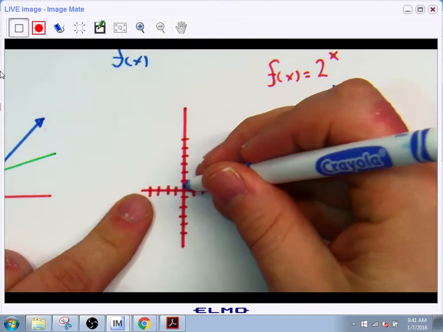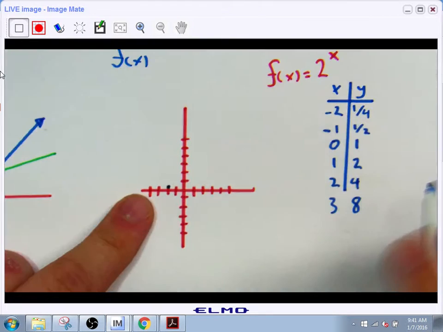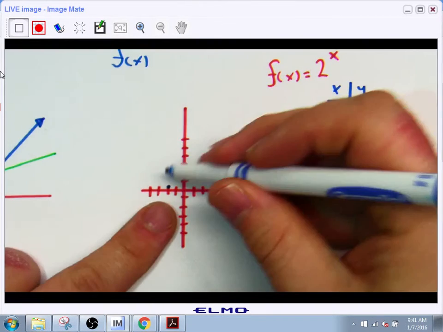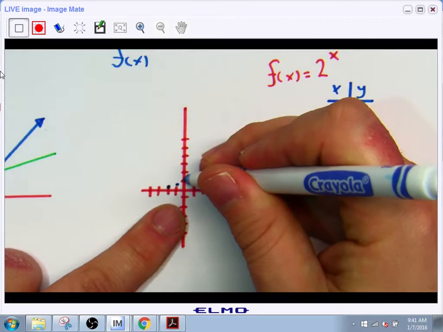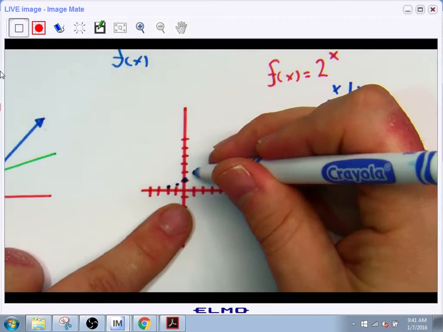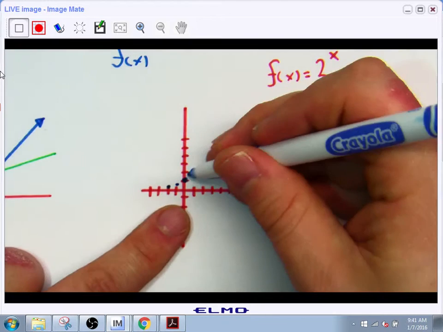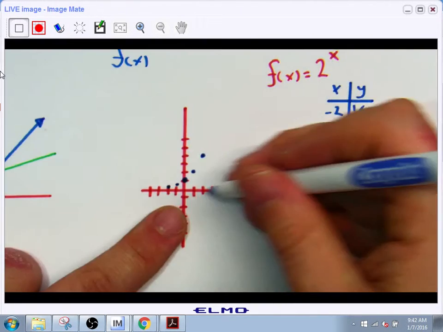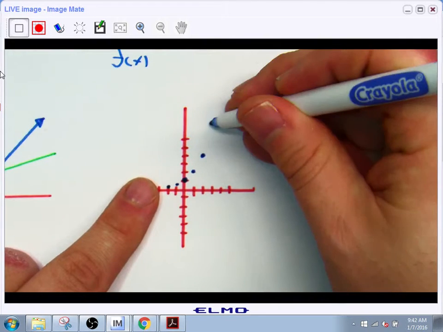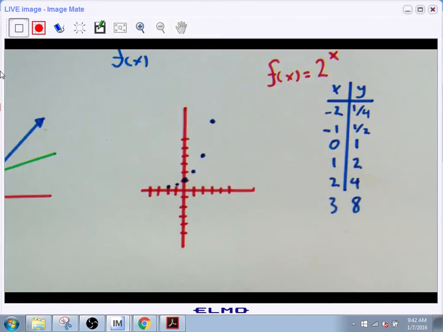It's right there. When I go to negative 1, it's a half, which is halfway there. 0 is 1. 1 is 2. 2 is 4. 1, 2, 3, 4. And then 3 is 8, which I don't even have written down. It's all the way up here. All right?